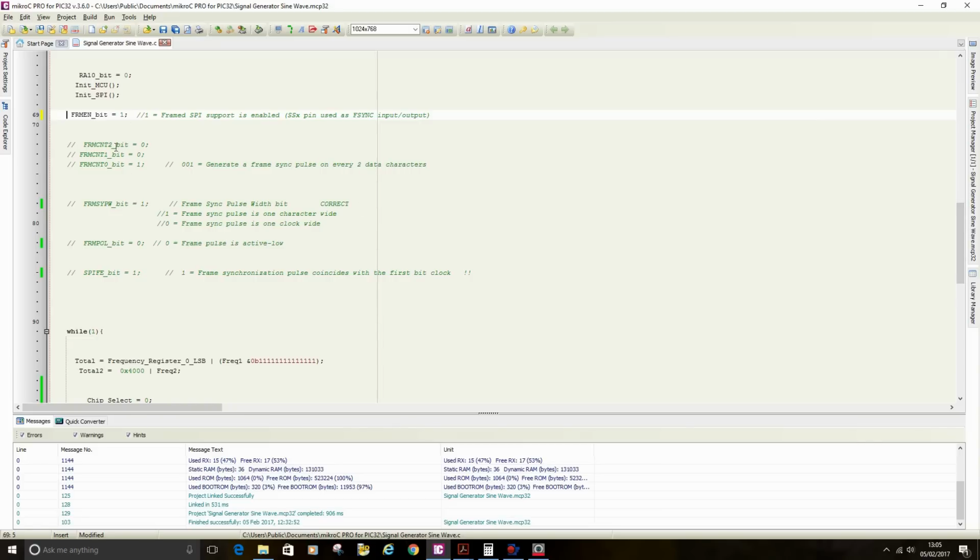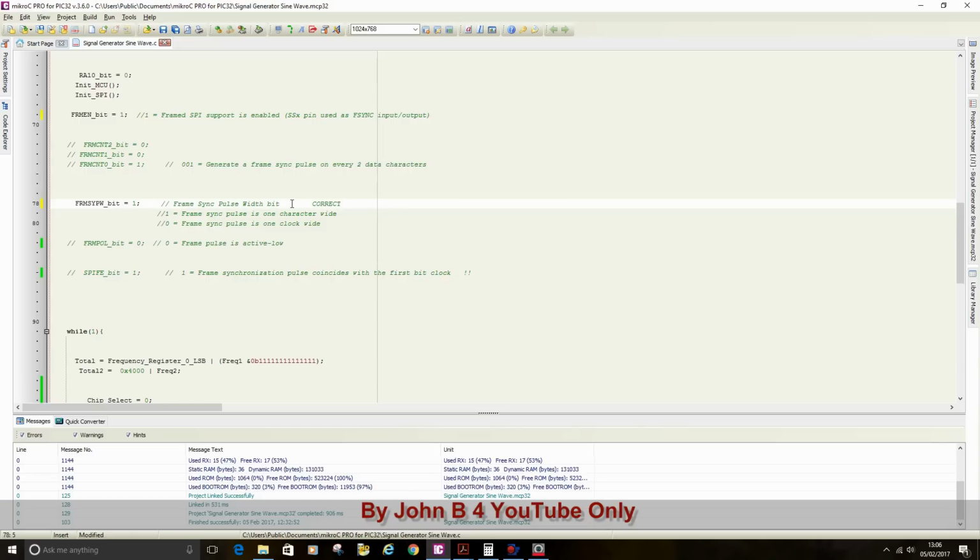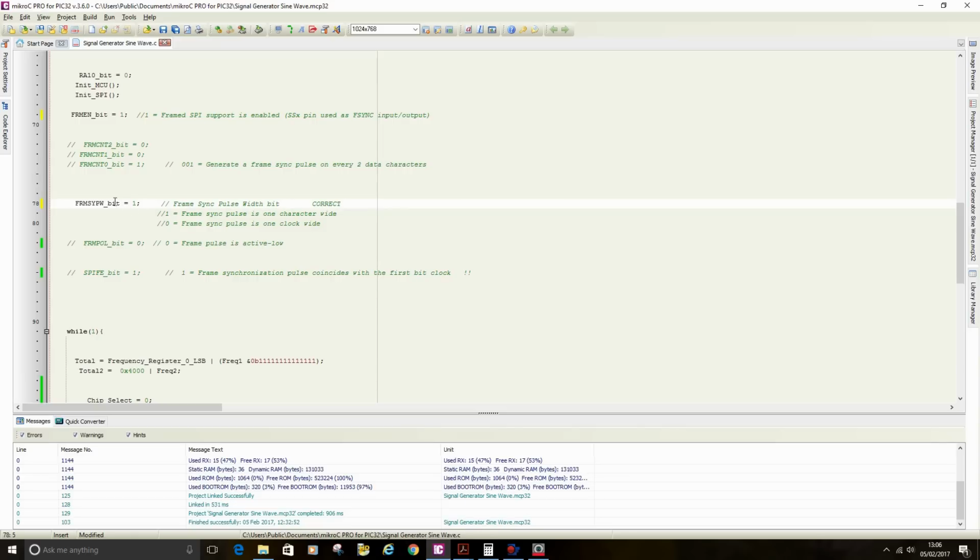Forget these bits, they didn't actually work. I haven't looked at the errata sheet for this chip, but maybe these functions don't work on this chip. This was correct: frame sync pulse width bit, to synchronize the frame on every clock or every character.